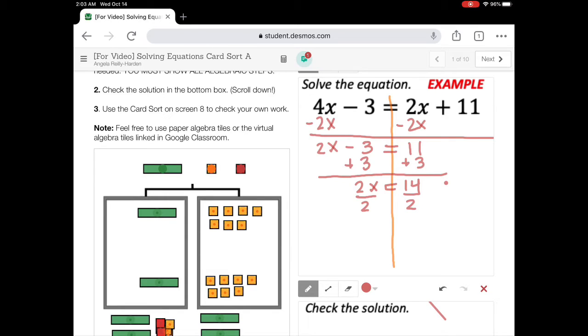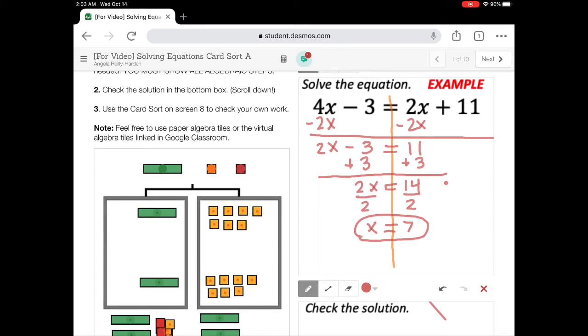So on the left, if I have 2 x's and I put them into 2 groups, I have 1 x in each group. Normally I do not write the 1. And that is equal to, on the right side I have 14 and I put my 14 in 2 groups. Each group has 7. So that means my solution is x equals 7.